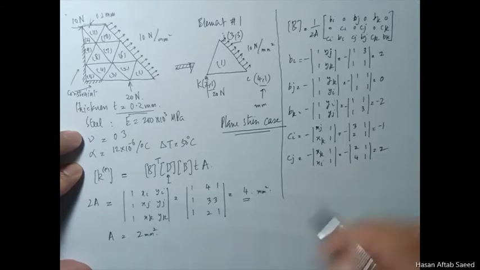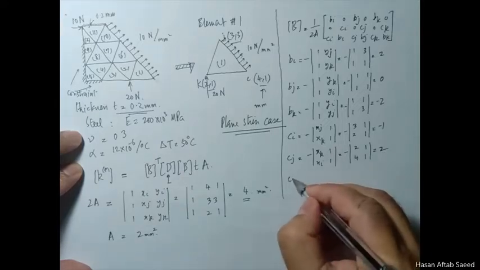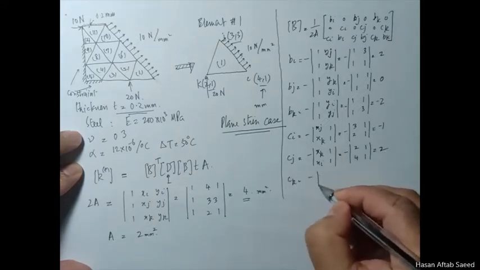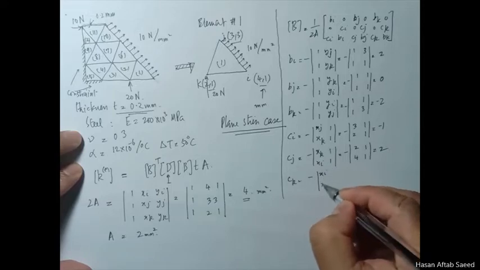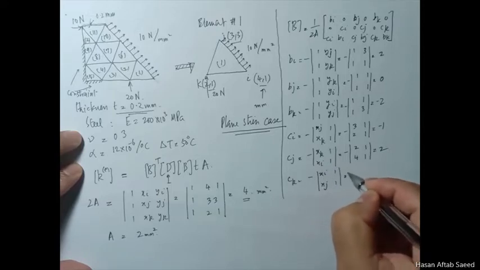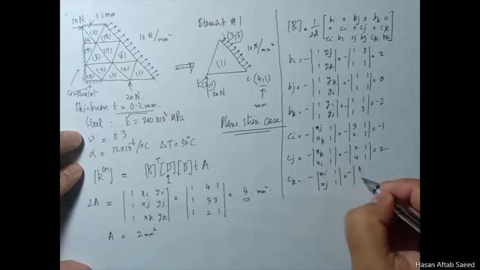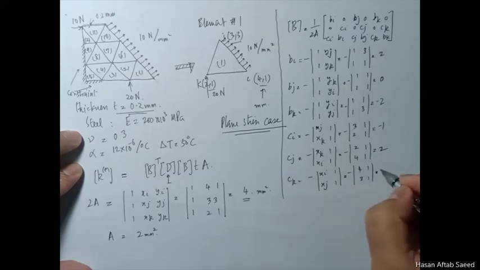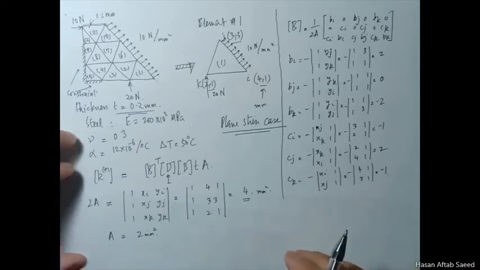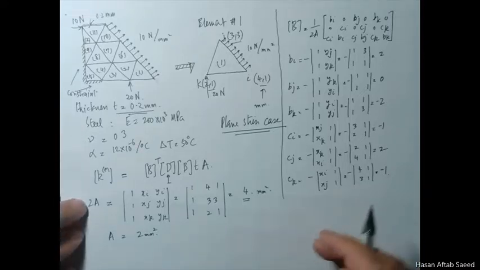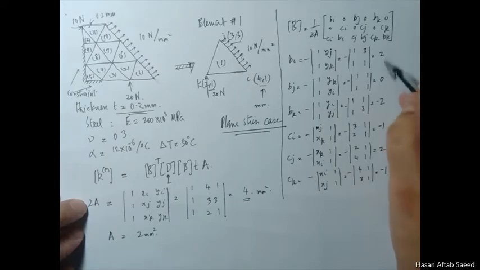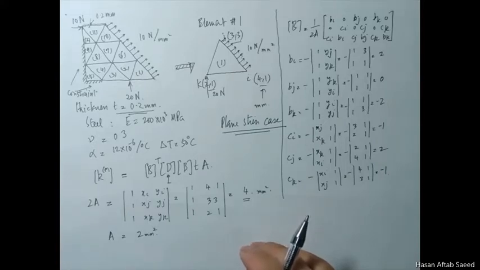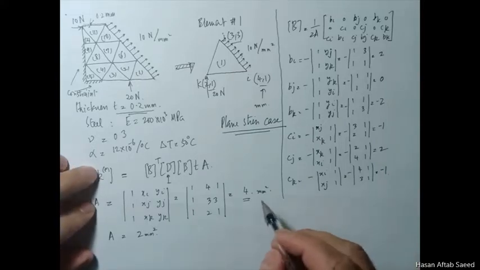This is 2 plus 2, and ck, the last one, is xi minus xj. This is -1. Now recall the checks. B's add up to 0, so that's a good indication we are doing it right. C's add up to 0. Again, we get confidence that we are not doing it wrong at least.